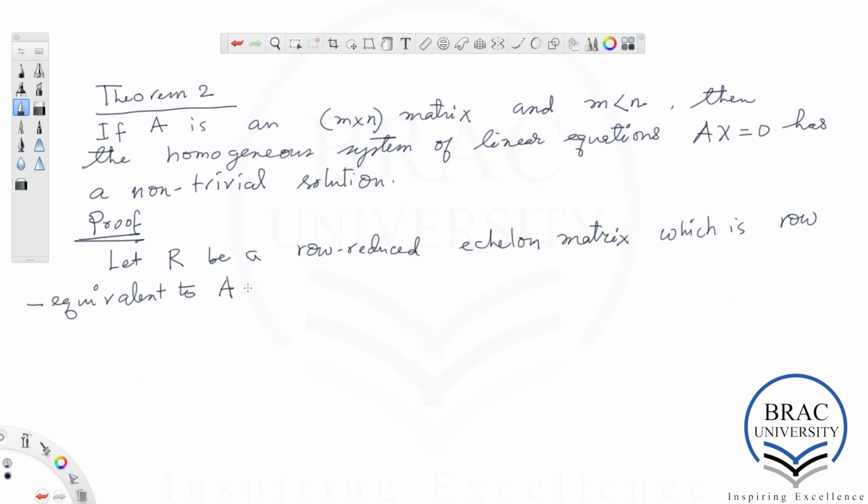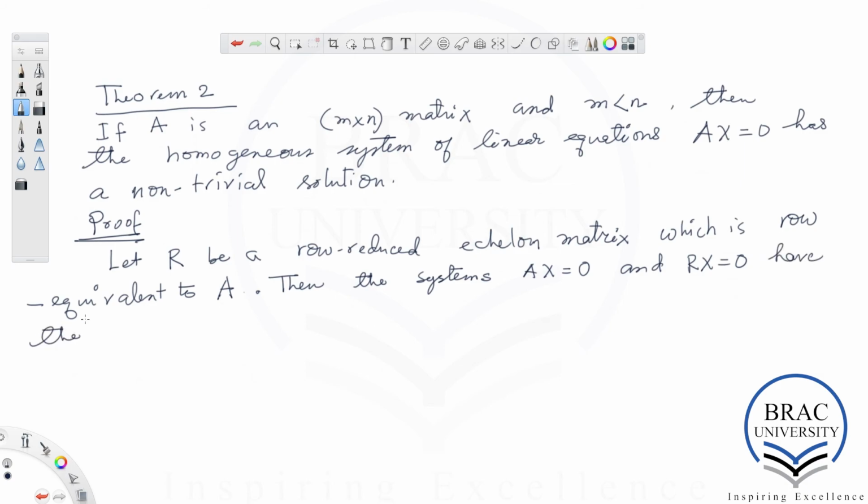Theorem 1 guarantees that. So let R be that row-reduced echelon matrix obtained from A. Then the systems Ax = 0 and Rx = 0 have the same solutions.